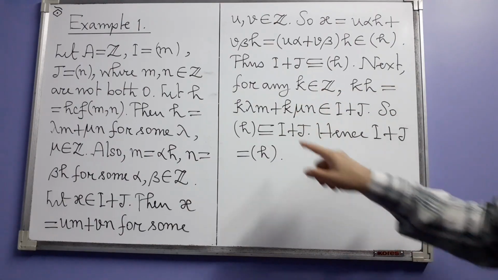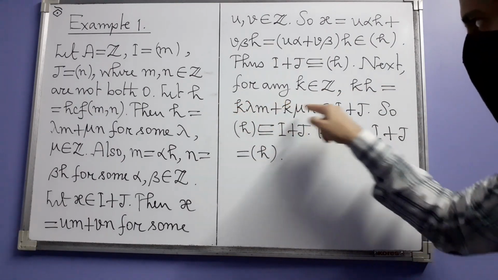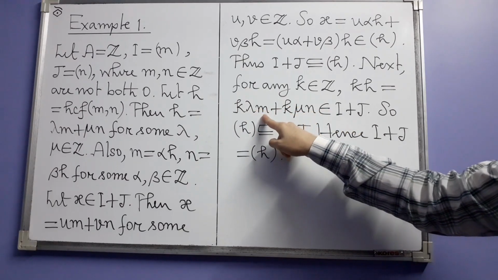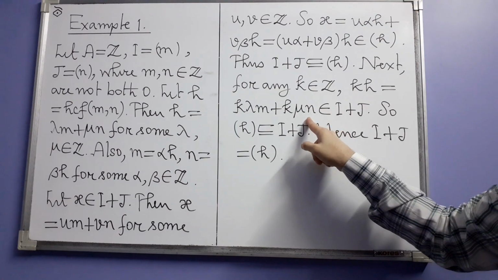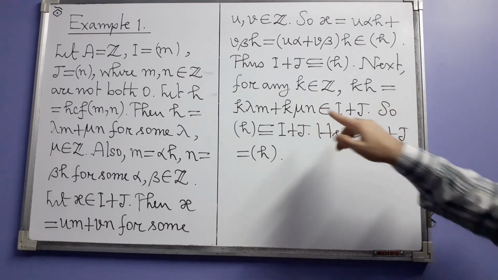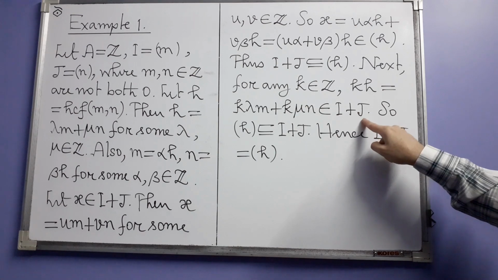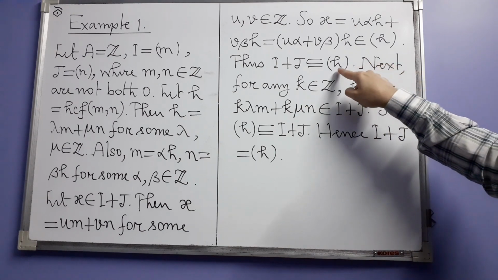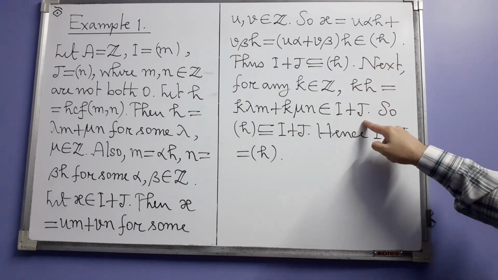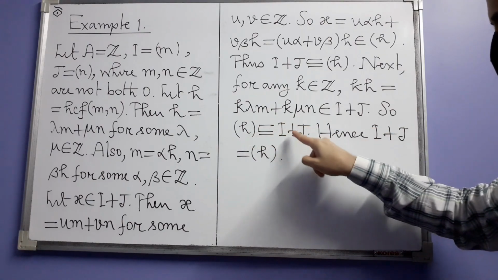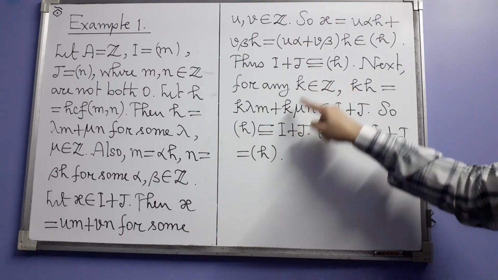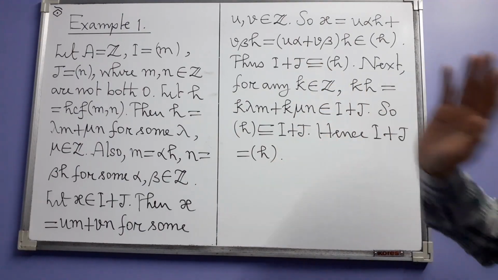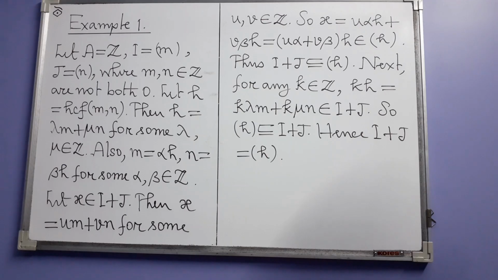So you can see that the first term in this sum is a multiple of m, so it will belong to I, and the second term is a multiple of n, so it belongs to J, and that way their sum belongs to I plus J. So any element in this principal ideal is also in I plus J. So this principal ideal is also a subset of I plus J. Now you combine these two containments and that gives you equality. Okay, so that is one thing.